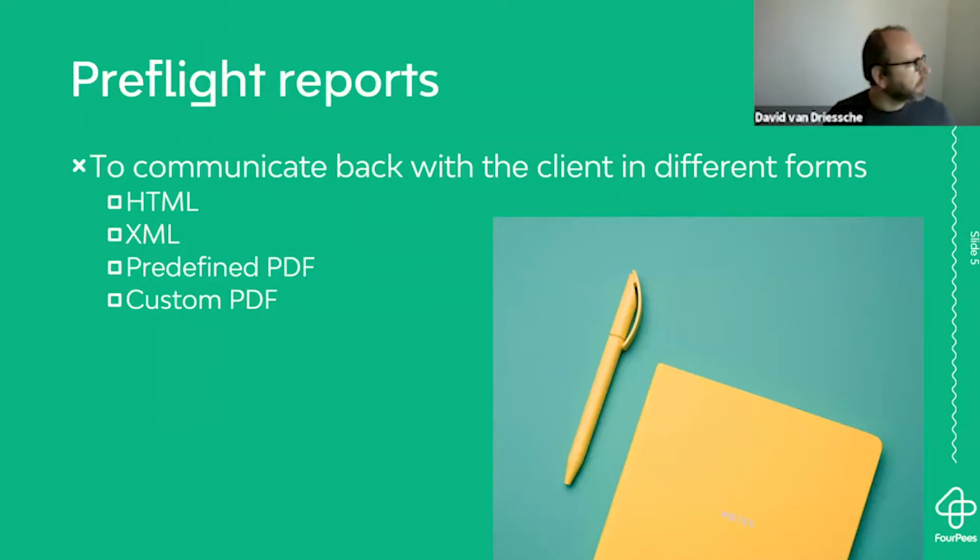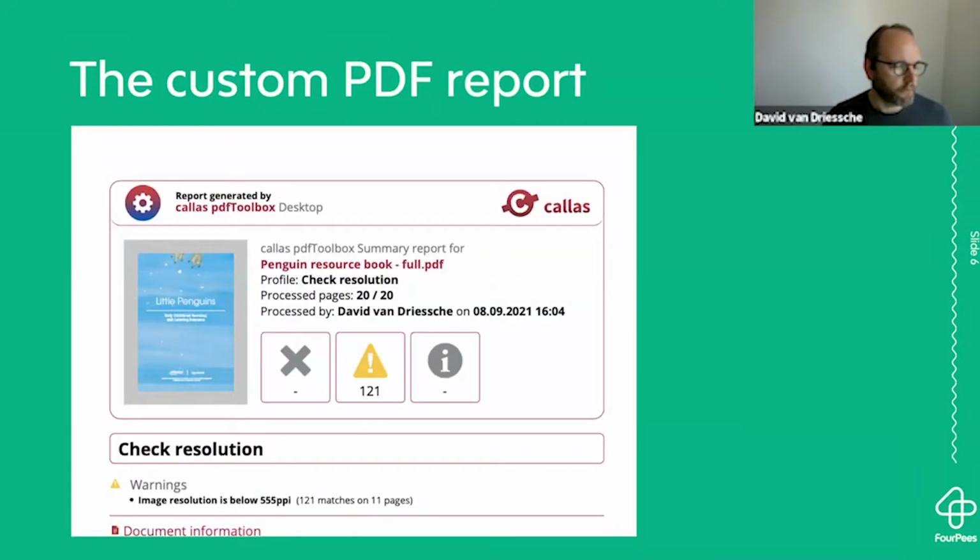Or it can be a custom PDF if you want to modify how exactly you are going to communicate to the client and what exactly you want to say. Custom PDF is what got added to pdfToolbox last. The other things were already there. It also got added with very, very flexible new technology, and that is what we're going to focus on today.